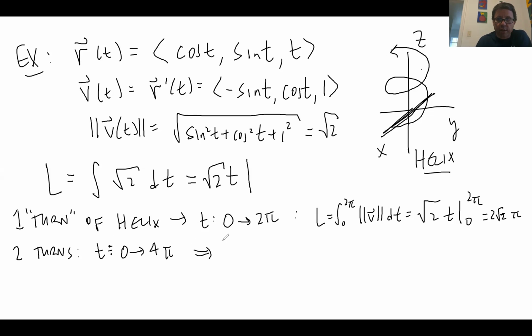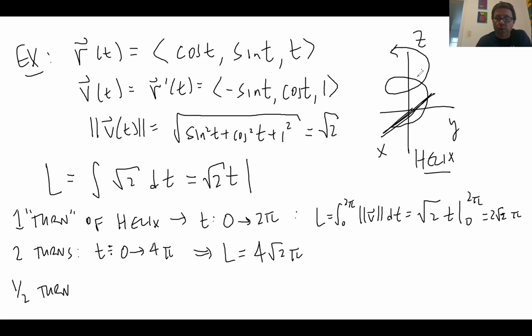So we know the length in that case is, probably not too surprising, just double what we did because we're going around twice. So we get 4 times the square root of 2 times pi.